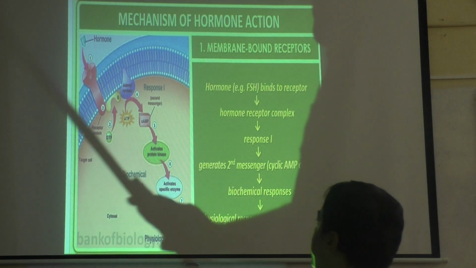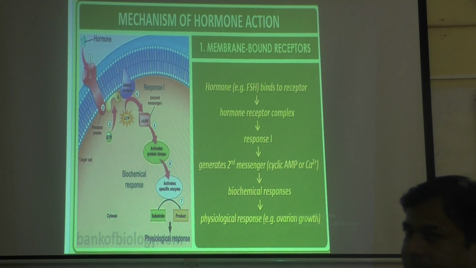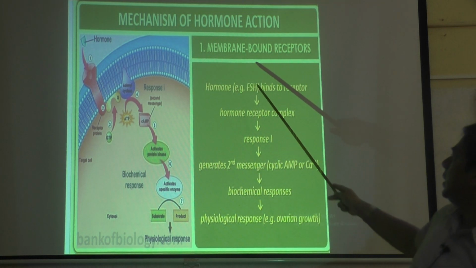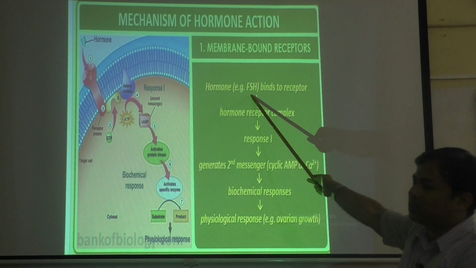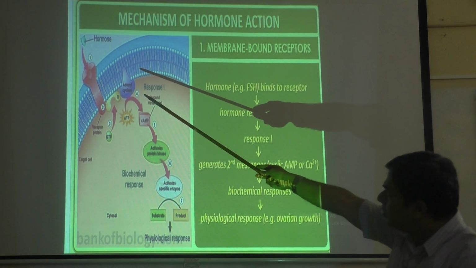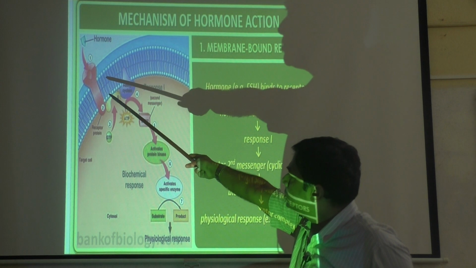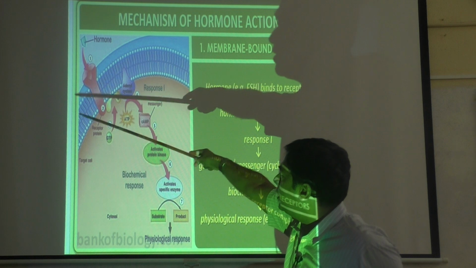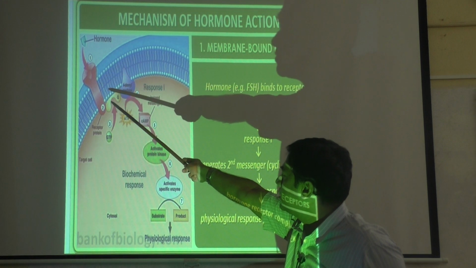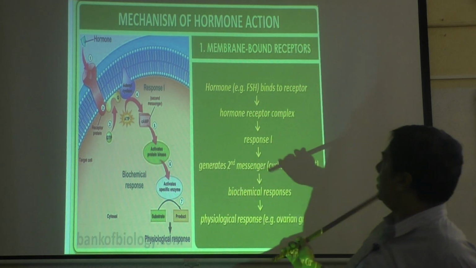This is in the case of a membrane bound receptor, what kind of action it does. You can see here the hormone, for example FSH, follicle stimulating hormone, binds to the receptor. You can see that blue color part, the hormone, binds to the receptor on the membrane, then the receptor and protein come inside.